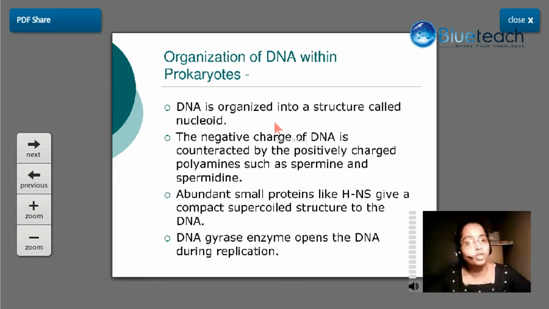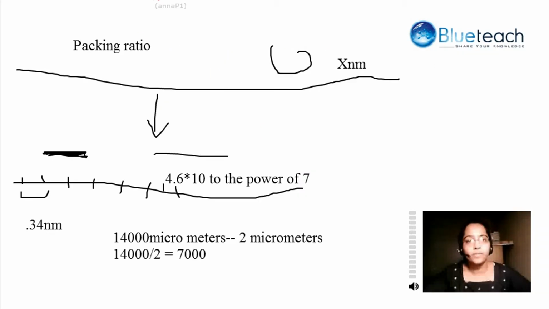The negative charge of DNA is counteracted by positively charged polyamines such as spermine and spermidine. Both in prokaryotes and eukaryotes, DNA consists of a single chain of sugar phosphate backbone, and the various nitrogenous bases project outside almost perpendicularly.